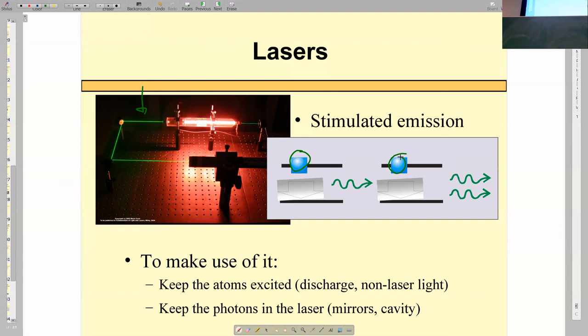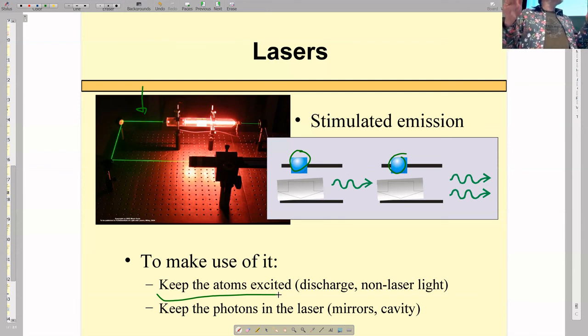Let's go step by step. At least we have understood from this cartoon that we need to have some atoms in the excited state. And we want to keep them, otherwise they will all decay, and it will be like a shining death. And we have to make use of this stimulated emission.